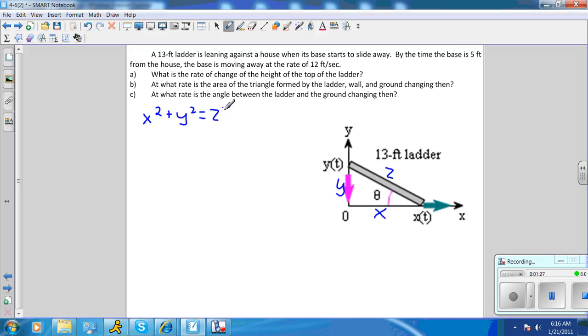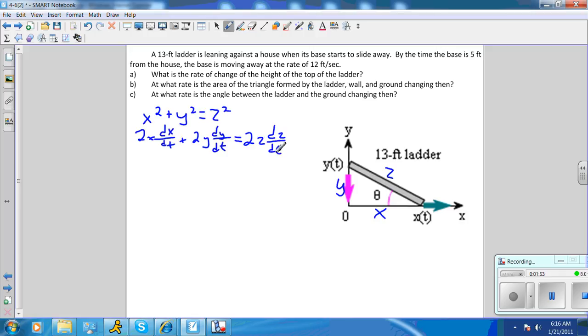This is a house that's sitting pretty level on ground. If we take a derivative of this, which we saw yesterday, we get 2x dx/dt plus 2y dy/dt equals 2z dz/dt.